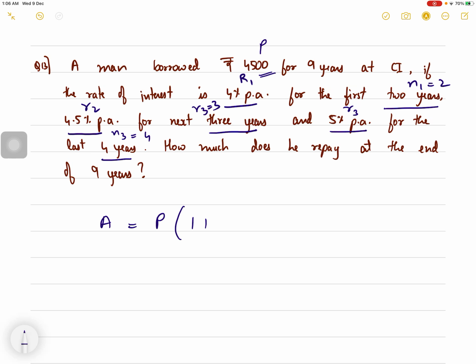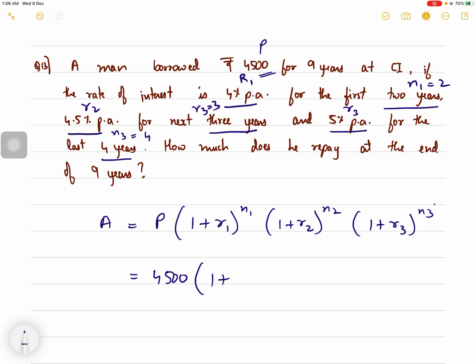So amount is equal to P into 1 plus R1 raised to N1, into 1 plus R2 raised to N2, into 1 plus R3 raised to N3. Principal is 4,500. R1 is 4%, so 0.04 raised to N1. It is charged for 2 years, so N1 is 2.